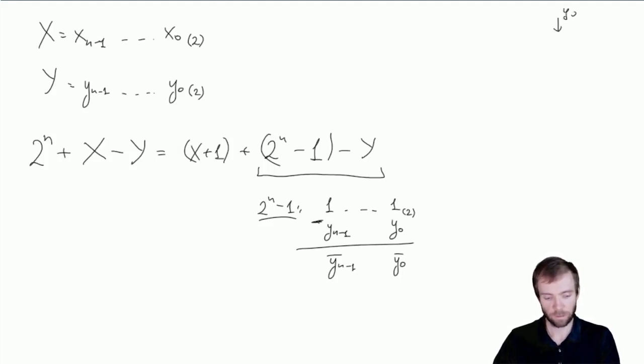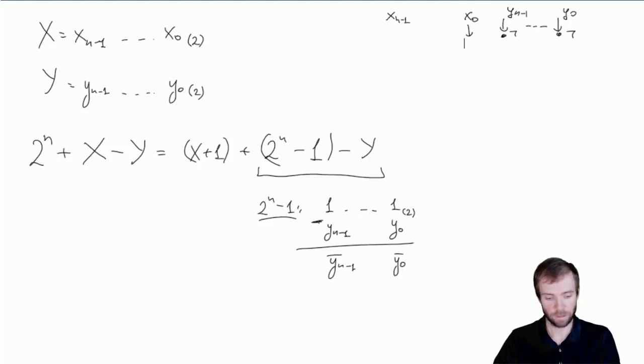So we take y0 through yn minus 1. We supply all these bits to the layer of negations here. Now we take x0 through xn minus 1. And we also need constants 0 and 1.